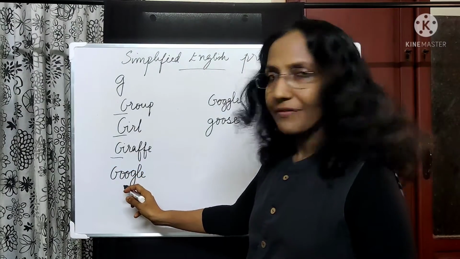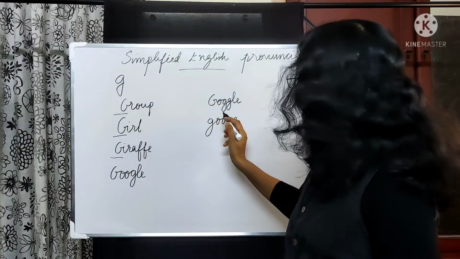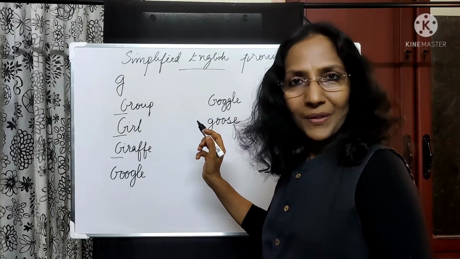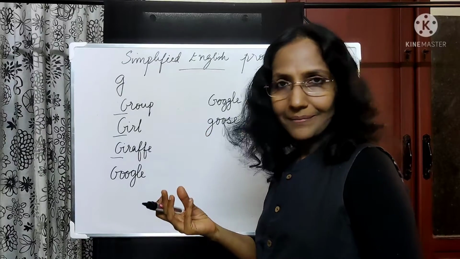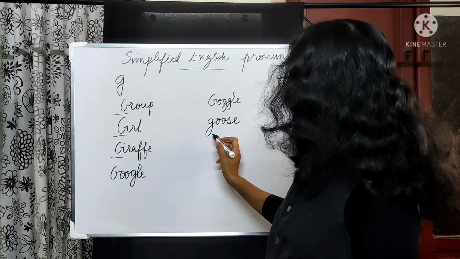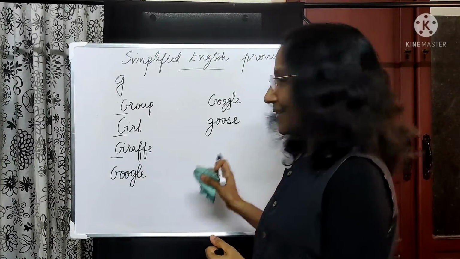Last one, it's a familiar word, Google. This one, a slightly different word, it's goggle. Goggle, the kind of eyewear that is used by the swimmers and divers. Next is a word which is known to us. It is goose.